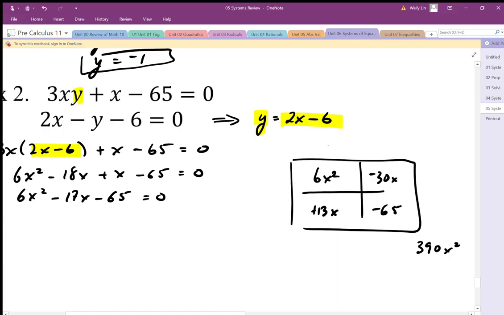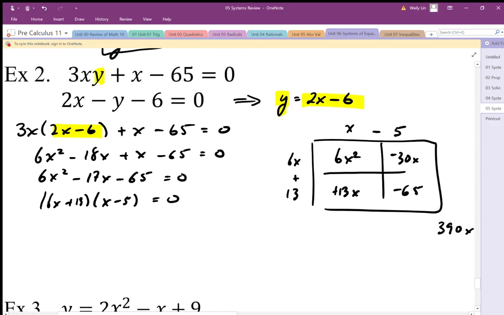So I end up with a common factor of x here, and it looks like I have a common factor of 5. Okay, negative 5. Along this axis here, I'm going to have a common factor of 13, and this is going to be 6x. Okay, so there's my factoring. So I'm going to end up with 6x plus 13 and x minus 5 equals 0.